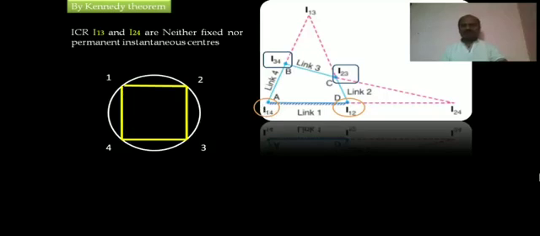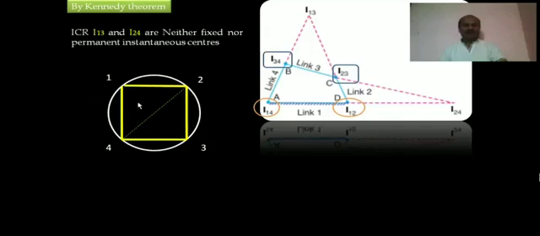Now next I need to find the position of I24. For that, in this diagram, I will join points 2 and 4 by a dotted line. This line divides the diagram into 2 triangles.